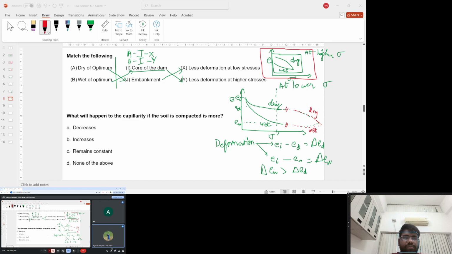In Lambe and Whitman, the ideal values for the stresses where this changeover occurs will be quantified, to the best of my knowledge. But Indian authors, I have not seen in any textbook. In Gopal Ranjan this concept will be available, but not with numerical values. Okay, sir, I will check it.